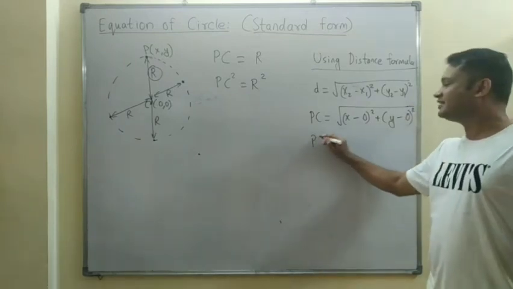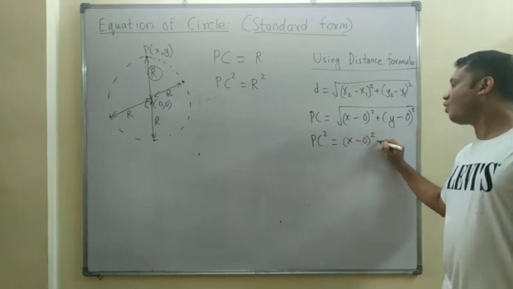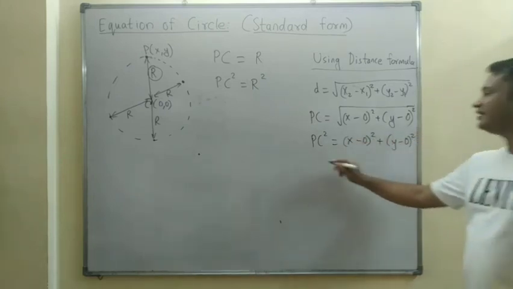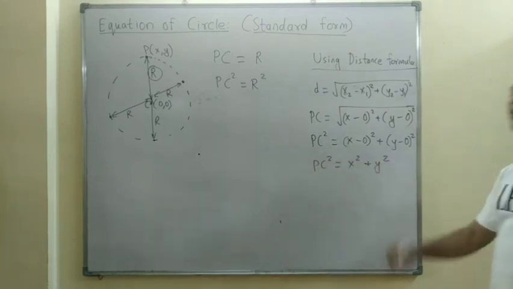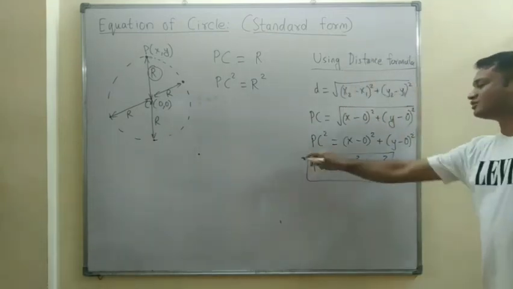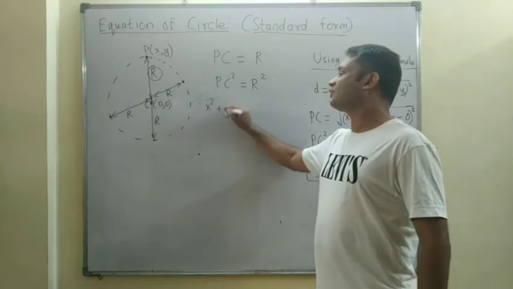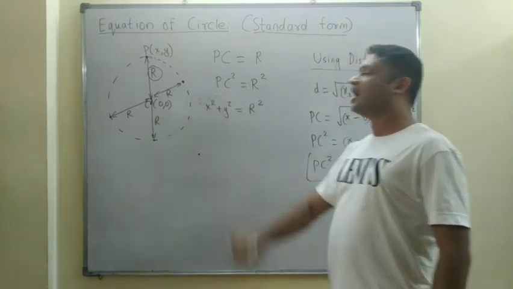So PC square will come out to be (x minus 0) the whole square plus (y minus 0) the whole square. So PC square is nothing but x square plus y square.